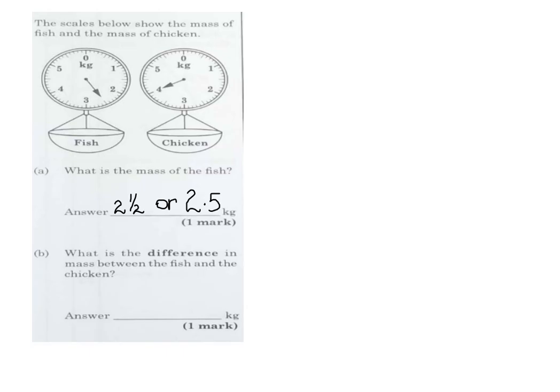First of all we have the answer for the mass of the fish. So we could just go to the scale now where they have the chicken, and let's see what mass of chicken we have in the scale. Based on what we're seeing, the arrow is pointing at 4, so this means we have a mass of 4, right? So the mass of the chicken is 4 kilograms.